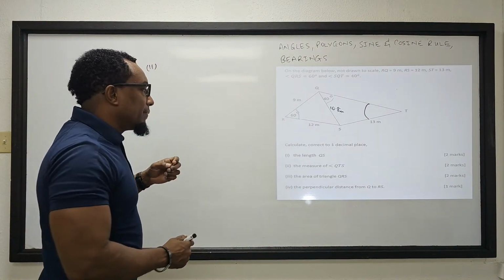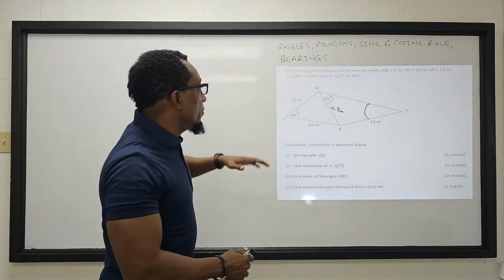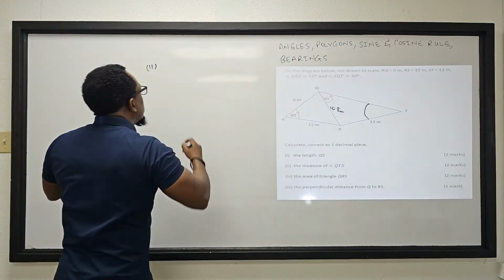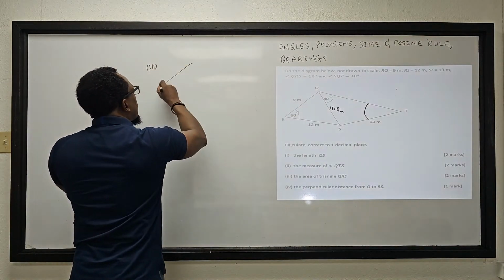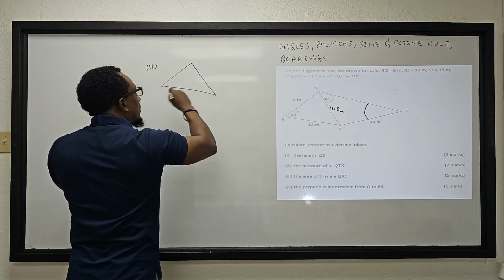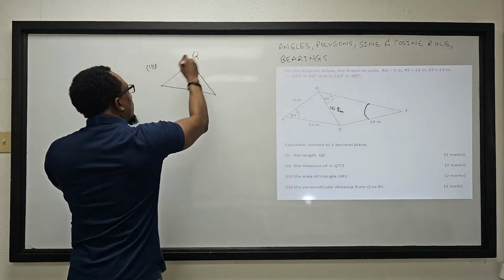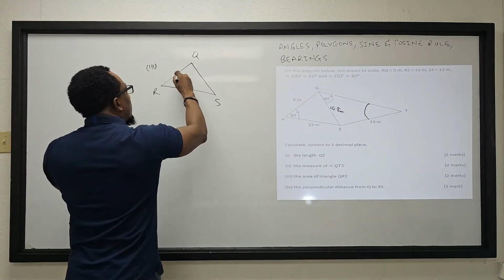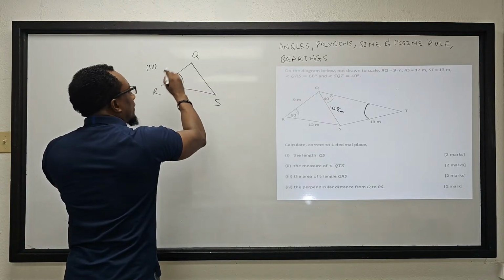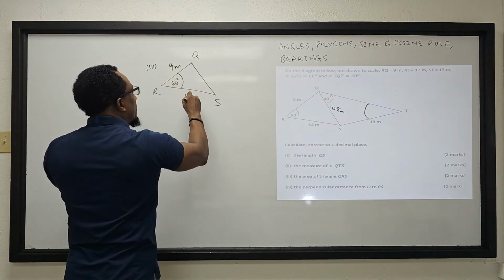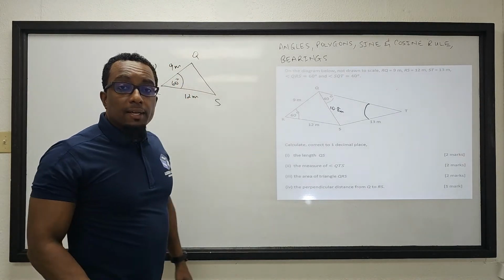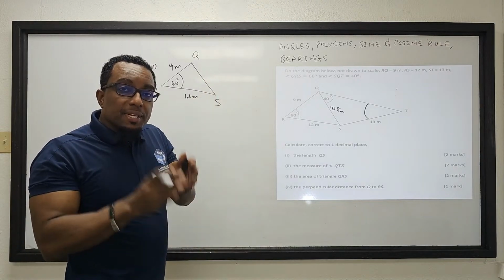Remember, whenever it's a triangle that's not right angled, this is QRS here. You want to find the area of the triangle, part 3. This is QRS. This is 60 degrees. This is 9 meters, 12 meters. You have a triangle where you have 2 known sides and an included angle.